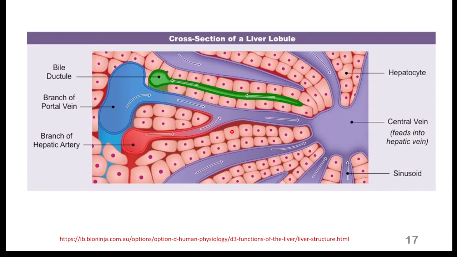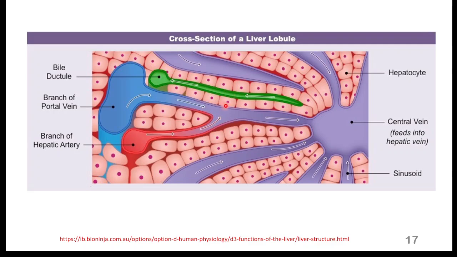So we say that the unconjugated bilirubin dissociates from the albumin within the sinusoids and passes across the sinusoidal membrane into the hepatocyte. And inside the hepatocyte, it is conjugated. Now, most of the conjugated bilirubin will move into the bile ductules.